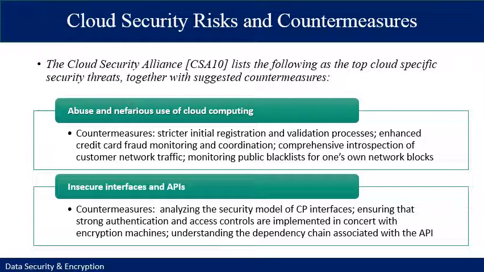For many cloud providers, it is relatively easy to register and begin using cloud services, some even offering free limited trial periods. This enables attackers to get inside the cloud and conduct various attacks such as spamming, malicious code attacks, and denial of service.